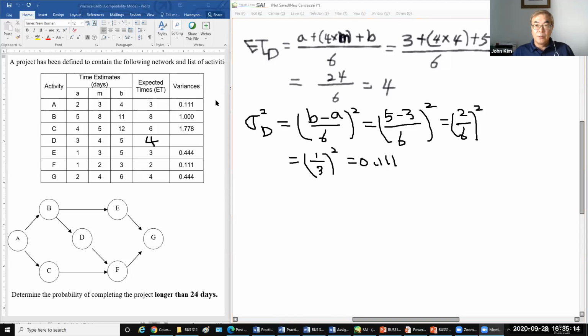Then we need to figure out which one is the critical path.